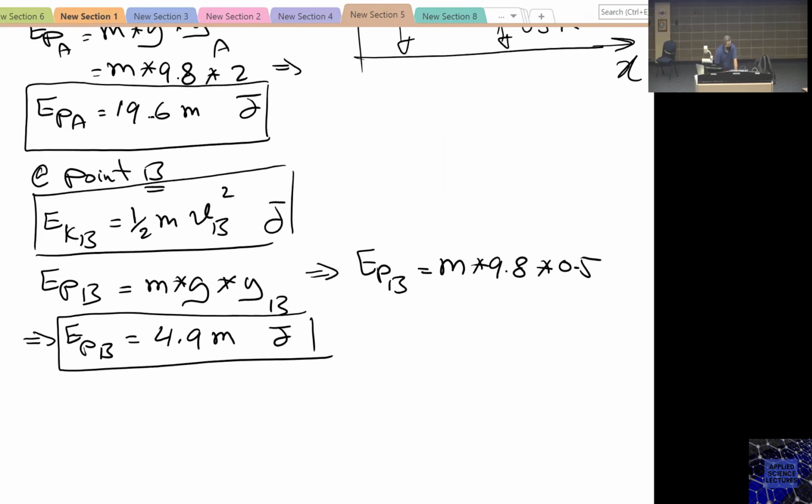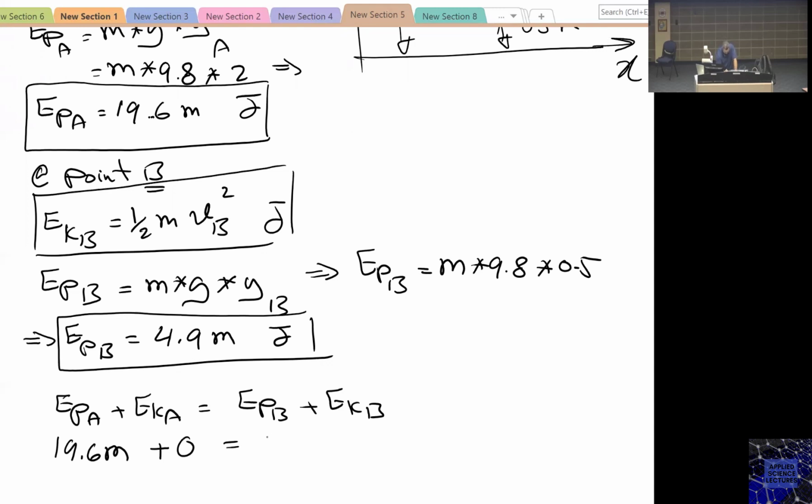So if I apply now the conservation of energy, let me write this down: EPA plus EKA equals EPB plus EKB. I have EPA as 19.6 m. I have EKA as 0.